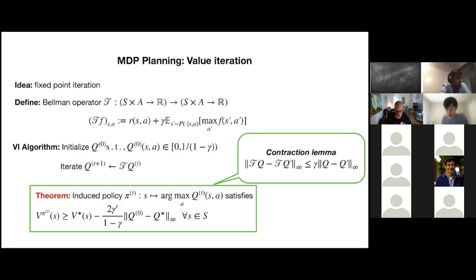For any q and q prime, if you apply the Bellman operator to them and compute the difference between the two new outputs, the distance is less than the distance between the previous q and q prime. So this is a contraction map, and together with the fixed point iteration procedure, you can show that this will converge at the rate of gamma to the power of t.